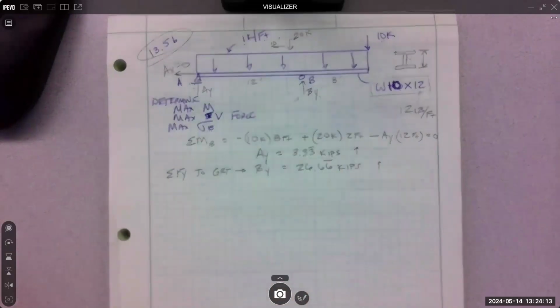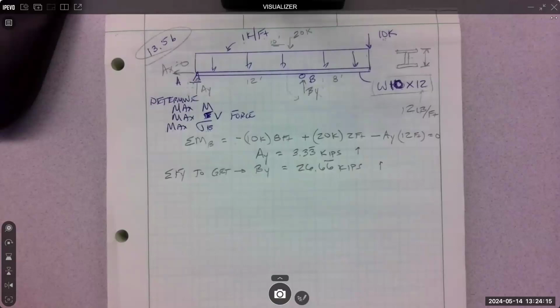Then we've got to be able to draw the shear diagram. Then we've got to be able to draw the moment diagram. Then we've got to be able to determine the maximum moment and then run the bending stress equation. So it's a multiple step problem with lots of opportunities to muck it up. So working in teams is good. That's why we're working in a team right now.